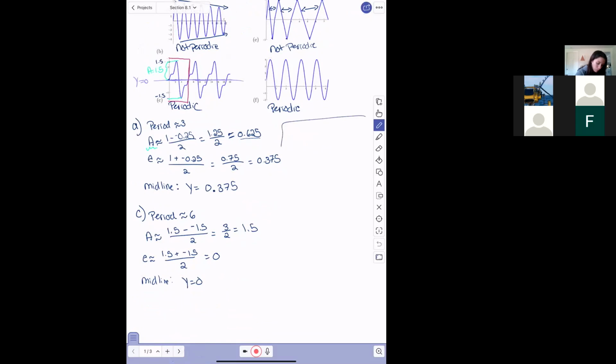Okay, so F here. So F is periodic. The period length, if I start here, and we want to get to where we finish there, so I'll draw a line. The period length is about 1.5.